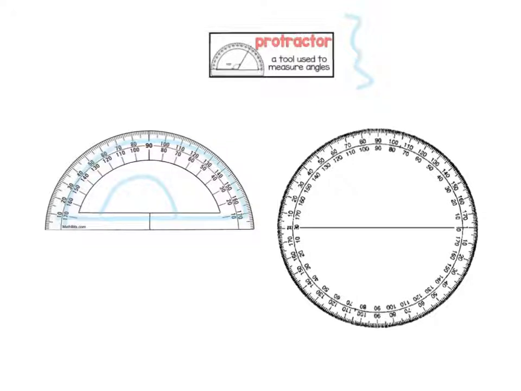Well, if we put two protractors together, we get a perfect circle that goes up to 360 degrees. So if it's helpful for you to think about protractors when we're talking about measuring angles and when we're talking about circles, use this to help you.